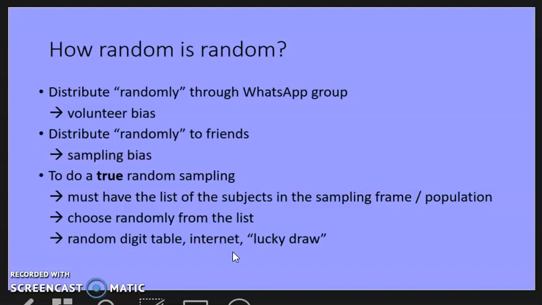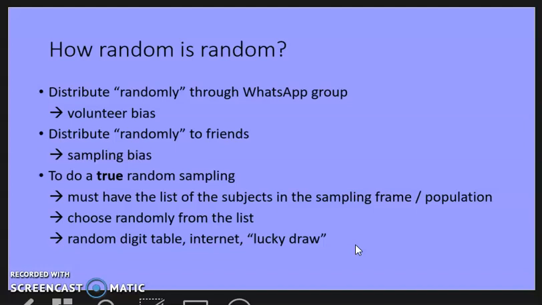Or you can even do a lucky draw if it is a small population. For example, you write the numbers on small pieces of paper, put them in a box, and pick out the numbers according to your sample size. Then for the numbers selected, you need to contact the subjects accordingly to be the subjects in your study. Then only it is a true random sampling.